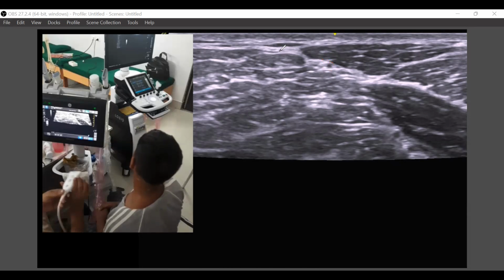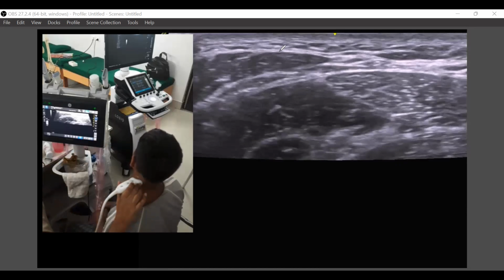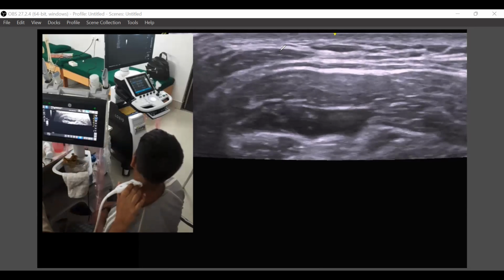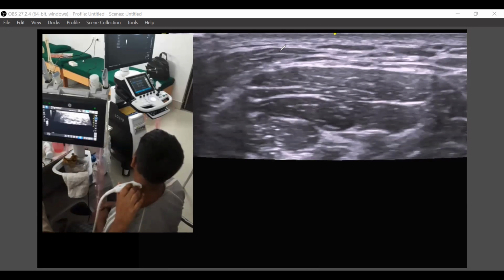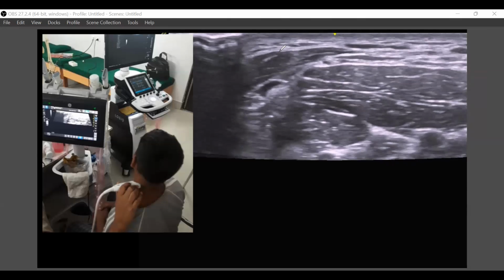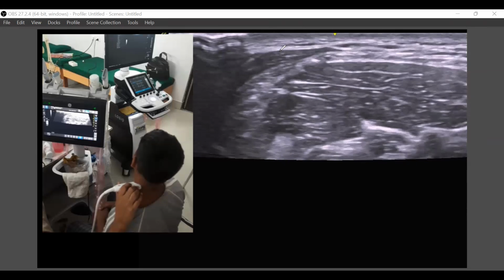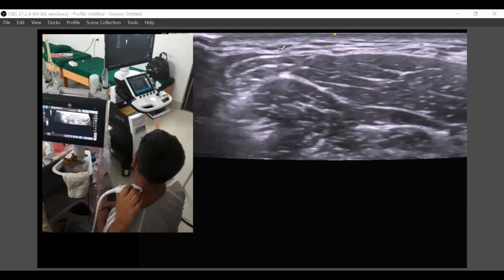Okay, let me show you again. I was here, moving the probe here. I'm looking very closely below the sternocleidomastoid. You can see now this was your spinal accessory nerve. Below the sternocleidomastoid it is coming down, moving, coming superficial.